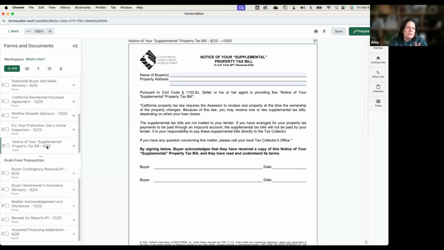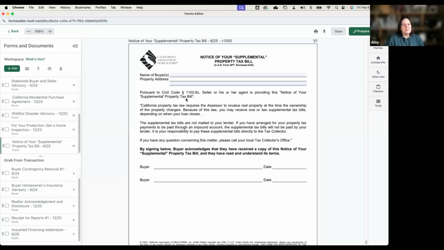If you create a free account with them, you can go to resources, supplemental property taxes, and fill in the property address and the closing date, and it'll calculate and give an estimate of what that supplemental property tax bill is going to look like for your buyers. So this makes them aware of that supplemental property tax bill. So I like this form as well.